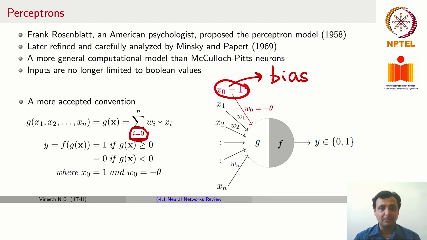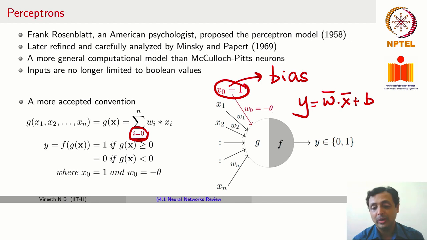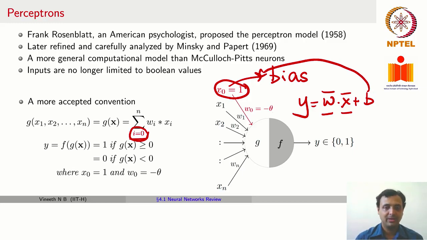So if you look at a perceptron as modeling a line, remember the equation of a line can be written as y is equal to, say, w x plus b, where each of w and x can be a vector of a certain dimension, say d dimensions. So b is the weight w naught that we are talking about, which is multiplied by the value 1.